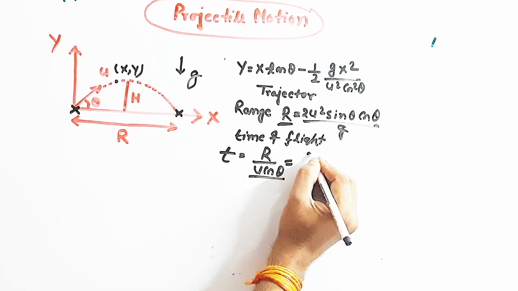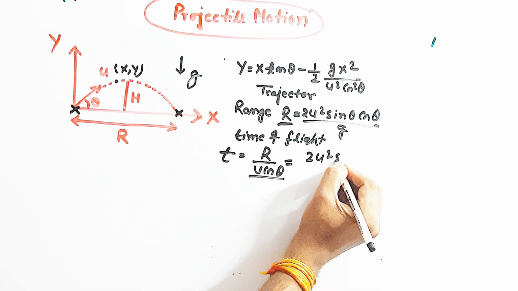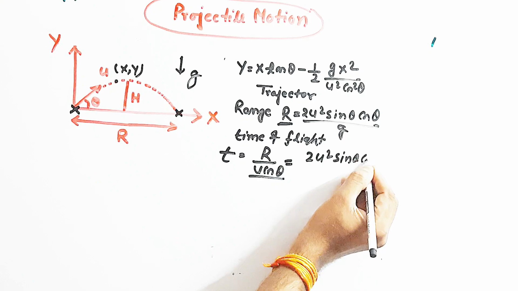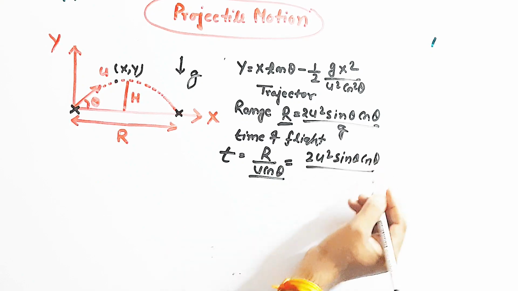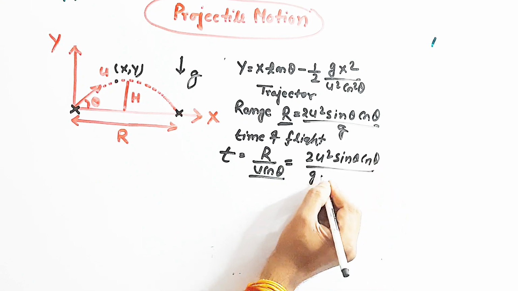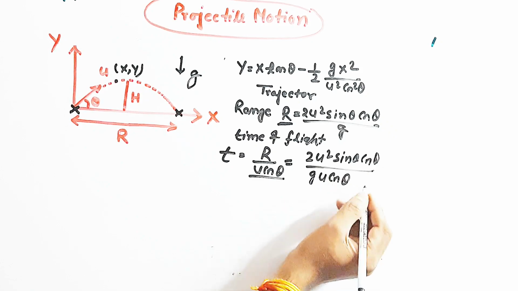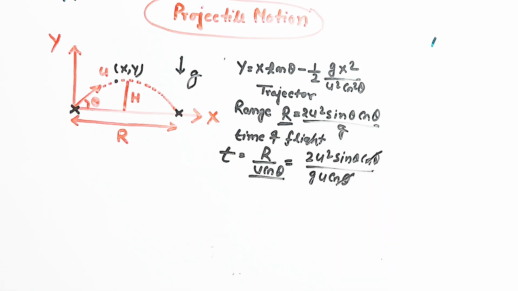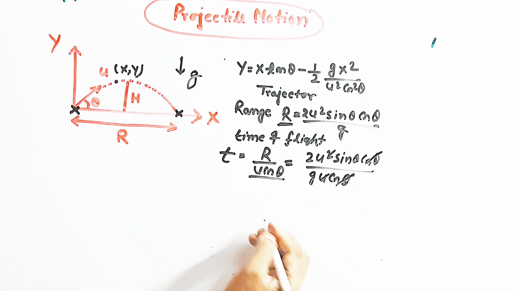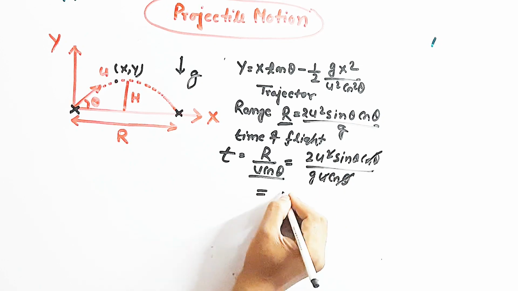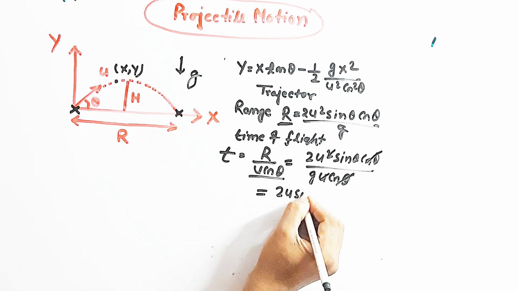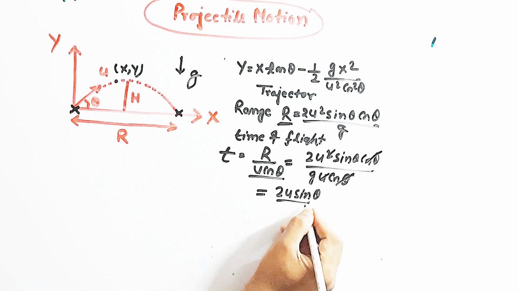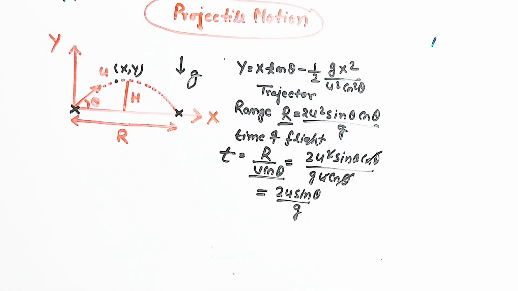Put the value of R here, you get 2u square sin theta cos theta divided by g u cos theta. So cos theta will cancel away, u and u will cancel away. So the time of flight will be 2u sin theta by g. This is your time of flight.